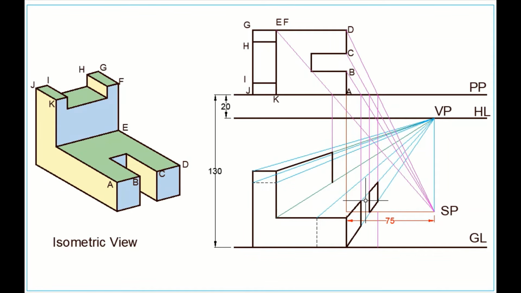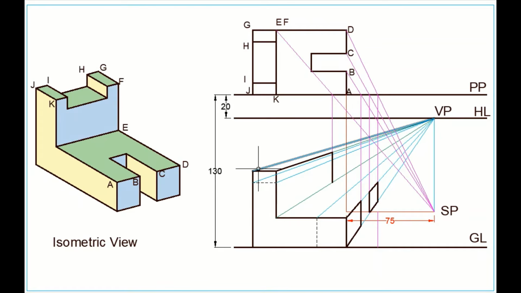Alternatively, you can say this is a check. This point E that we got here and this point D that we got here, they should lie on a horizontal line. See, all these edges are horizontal in this direction, like this one. In 1 point perspective, these lines are horizontal and all these edges are vertical.